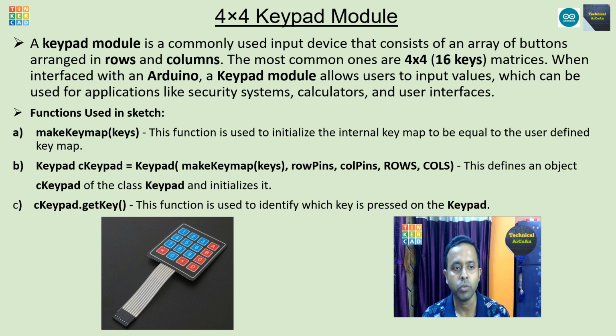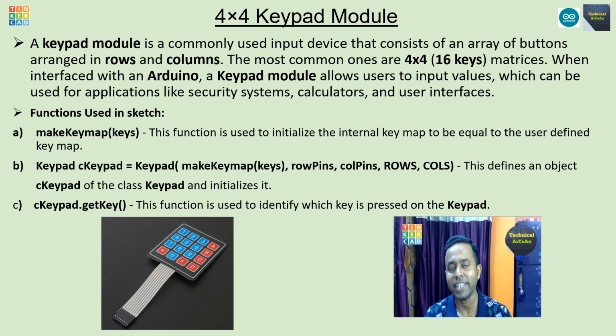And also the object we are using here: Keypad is a class and some object name we have provided here, cKeypad, and here we also use a constructor. Keypad is a constructor, and we send the makeKeymap function as an argument. Also rowPins, colPins, rows and cols, these variables we are also sending as arguments. This defines an object cKeypad of the class Keypad and initializes it.